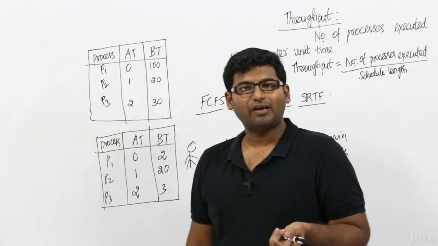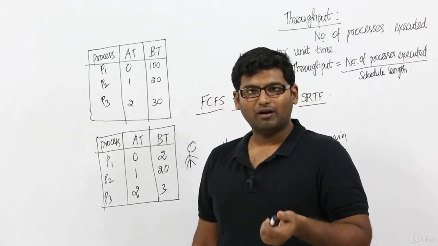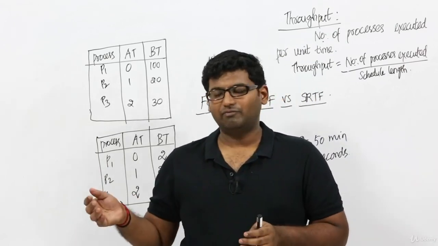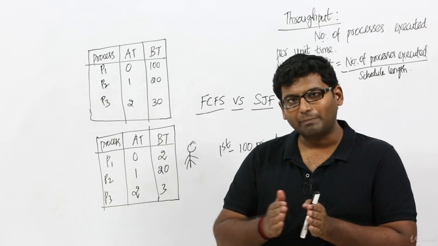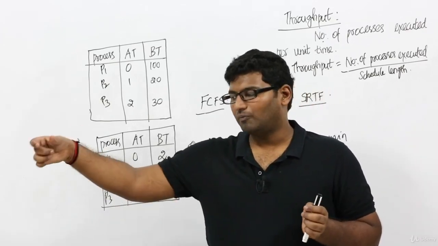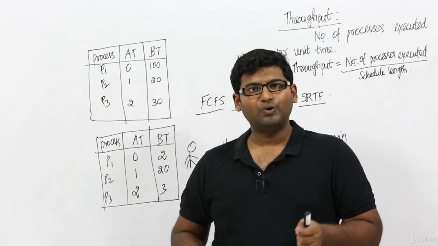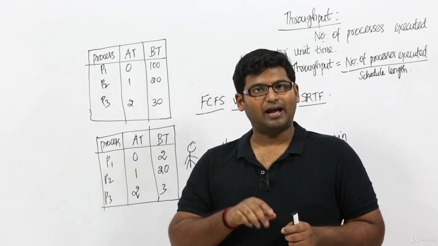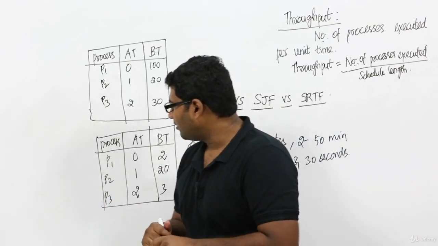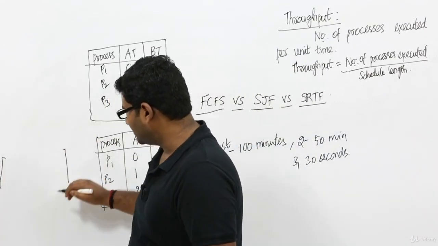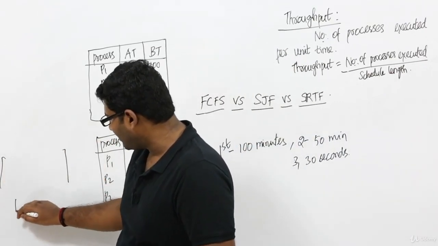Because I'm executing a bigger process rather than a smaller process. But in case of SRTF, we don't have that problem. Why? Because initially the bigger process has arrived, that is fine. Whenever I'm executing the bigger process, in case a smaller process comes, I will preempt this bigger process and continue with the smaller process, right? Let us assume this is a big process and this is a small process which arrives a bit later.